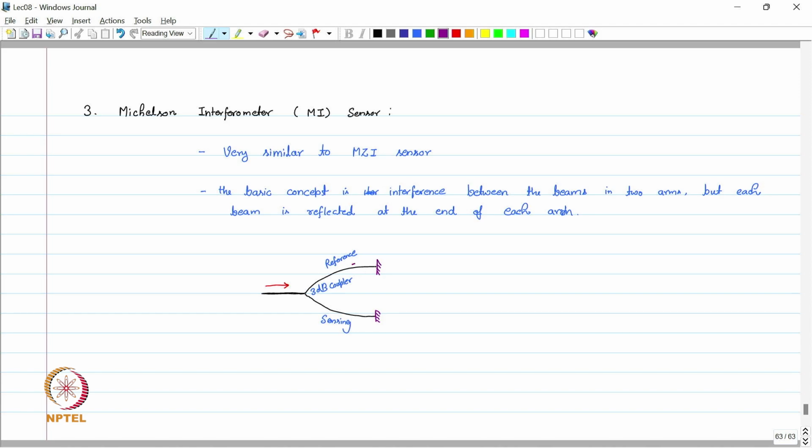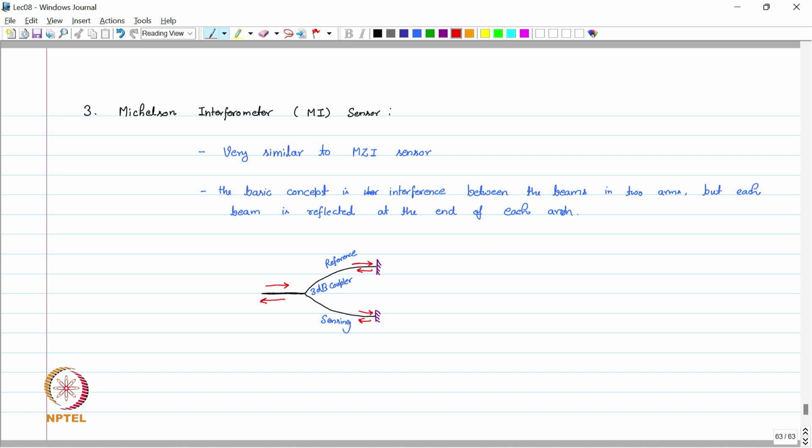This light goes here and again reflects back from here. The same thing in the sensing arm. It goes and reflects back here, and the 3 dB coupler is also reciprocal, so it can again combine these reflected waves and send it back to the origin where we can detect it using an optical detector.